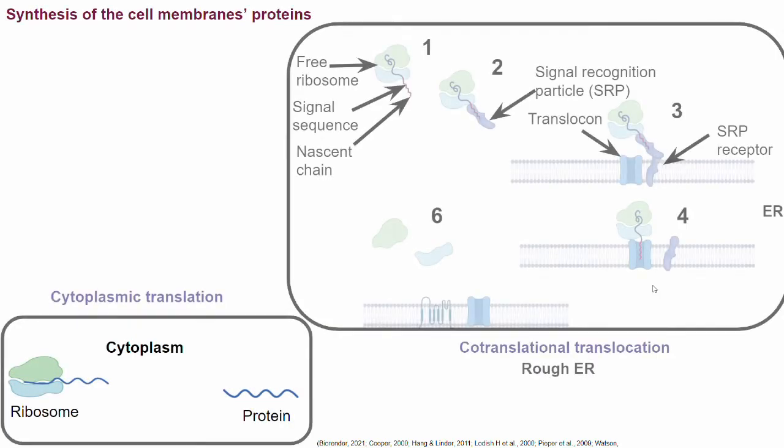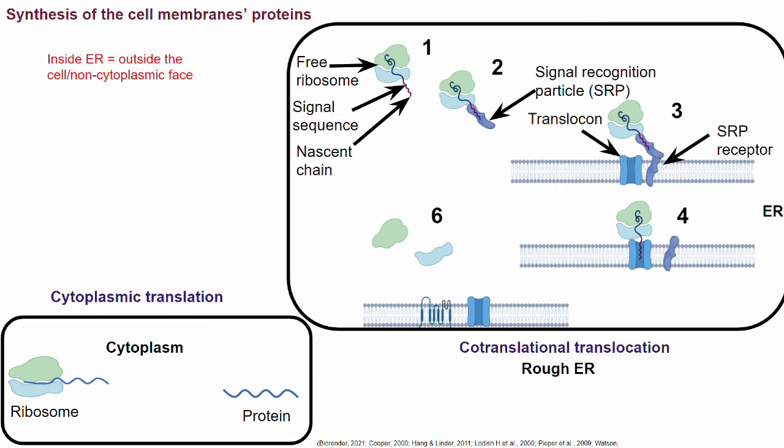So, the synthesis of the cell membrane's proteins. Now, there are two main types of so-called translation, because before translation, there is a process called transcription. Transcription is basically copying the different genes responsible for different proteins. So to sum it up, you have genes that are responsible for certain proteins. These genes are copied into structures called messenger RNA, or mRNA.